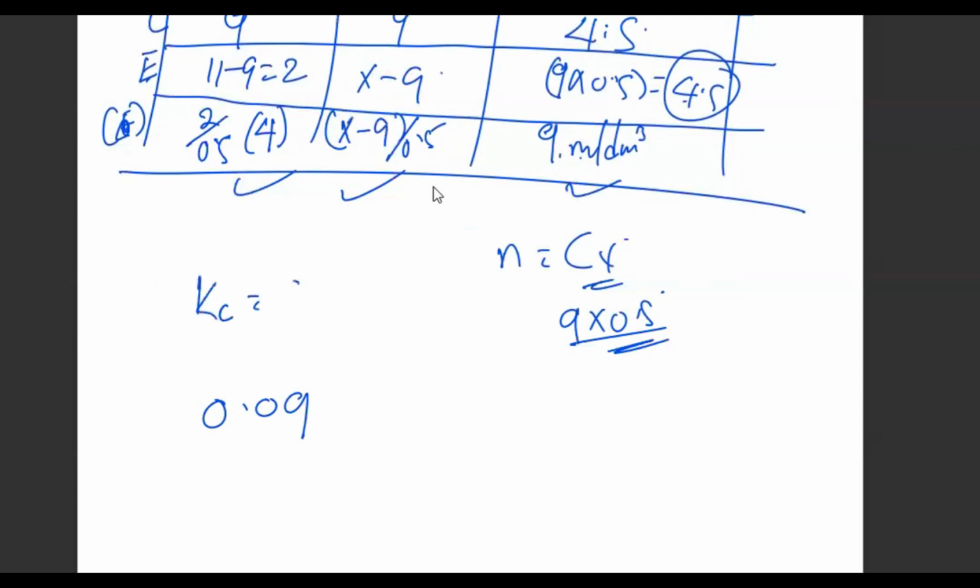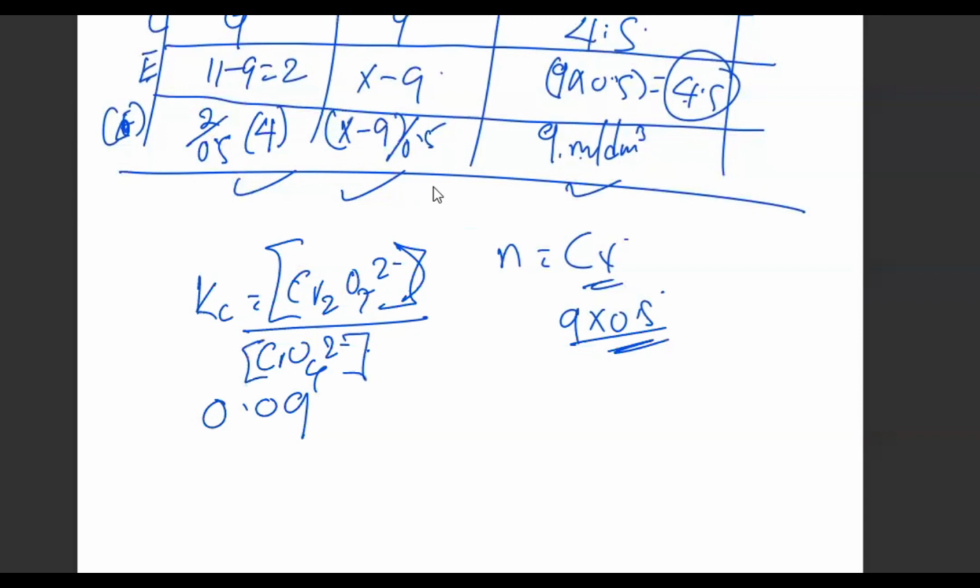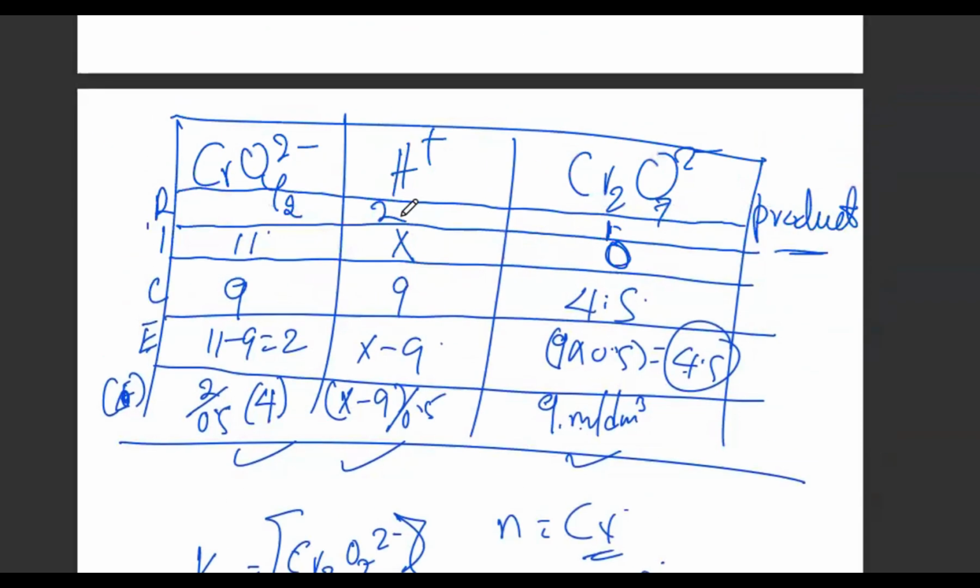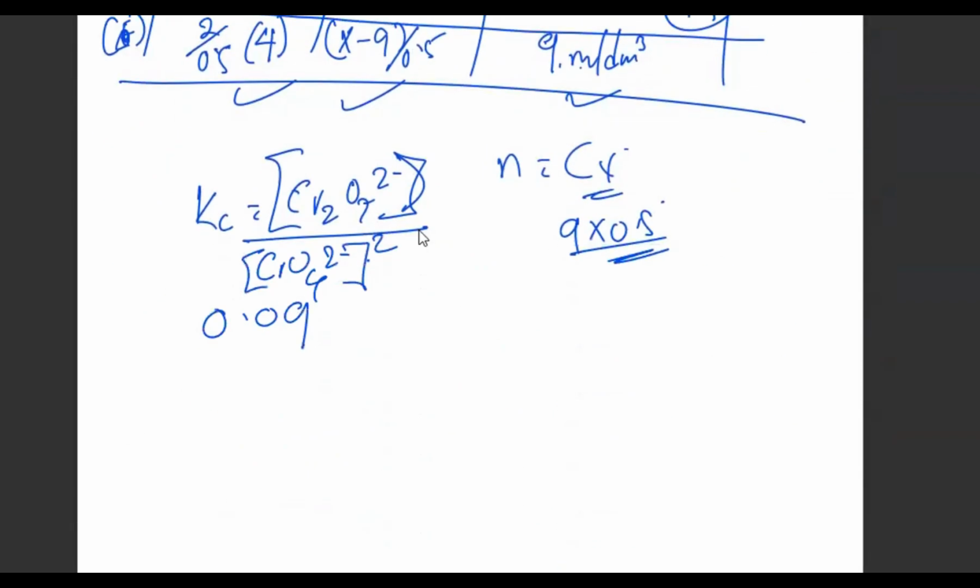So Kc is equal to the dichromate concentration divided by the chromate concentration, and remember it is 2 moles based on this, and then the acid, which is also 2 moles.